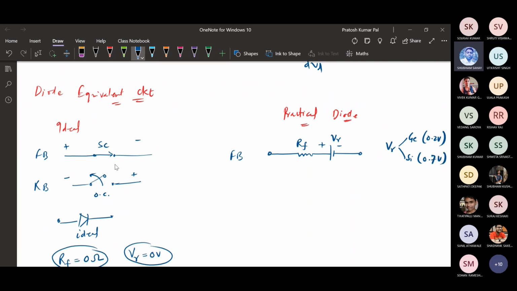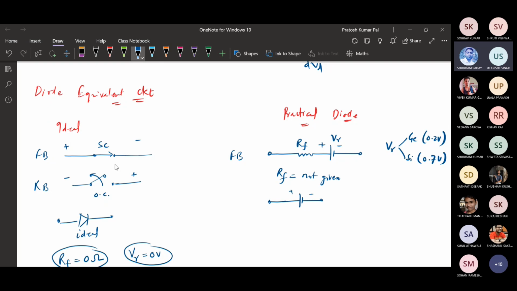So in forward bias case, the practical diode will be represented by a forward resistance along with a voltage. Or sometimes if forward resistance is not given in the question, we can just neglect it. So if its value is not given, we can just write it as a voltage.